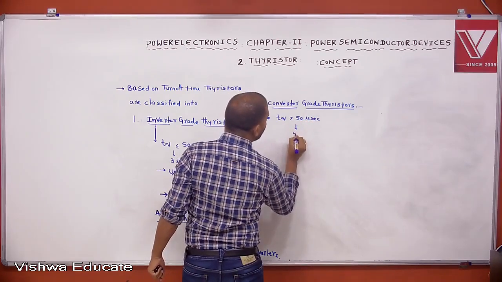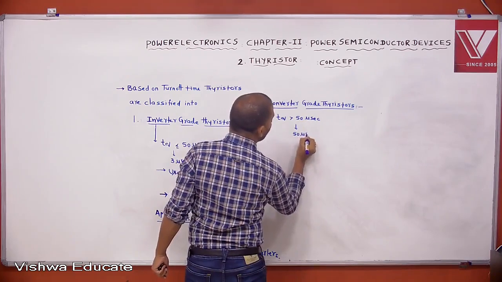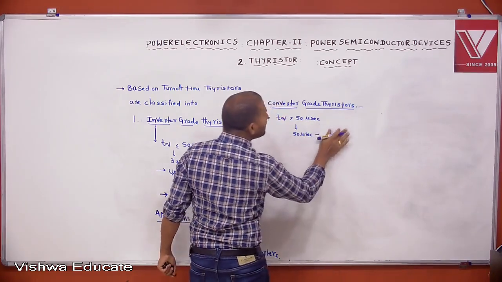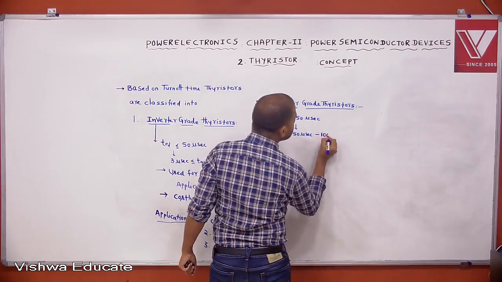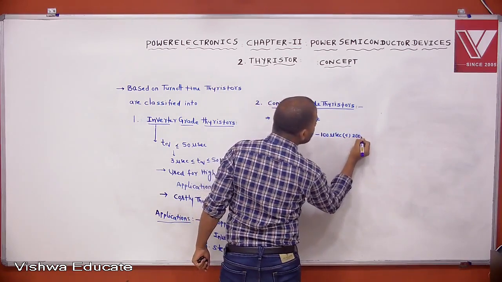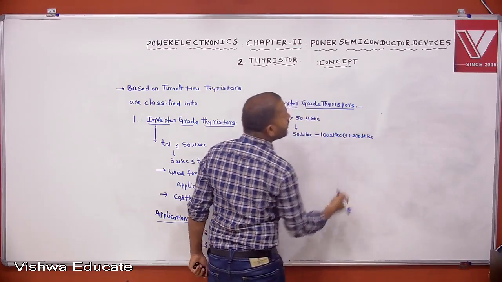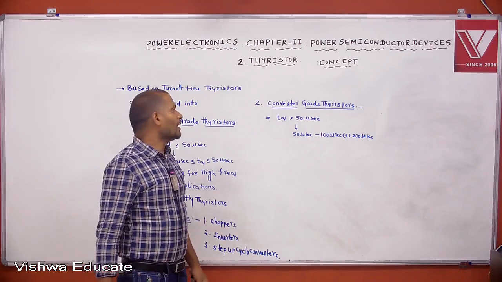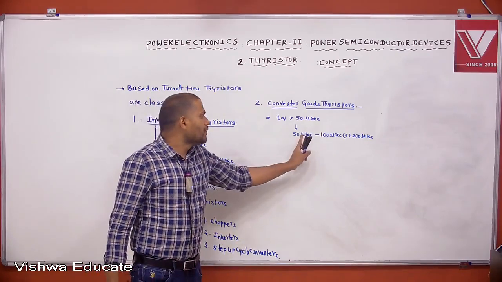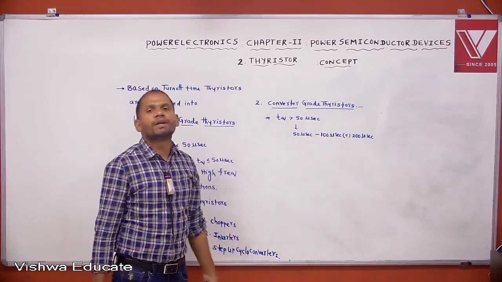Greater than 50 microseconds means 50 microseconds to 100 or 200 microseconds. For converter grade thyristors, the turn off time is given as 50 microseconds to 200 microseconds.